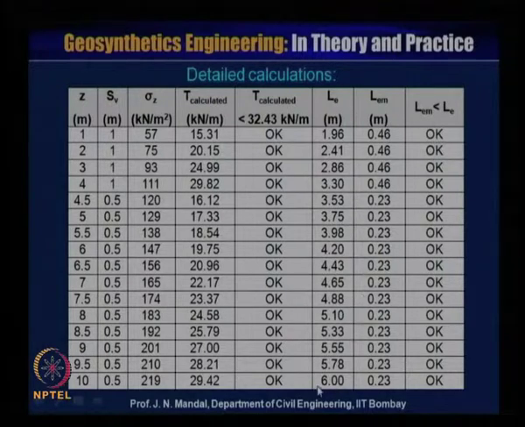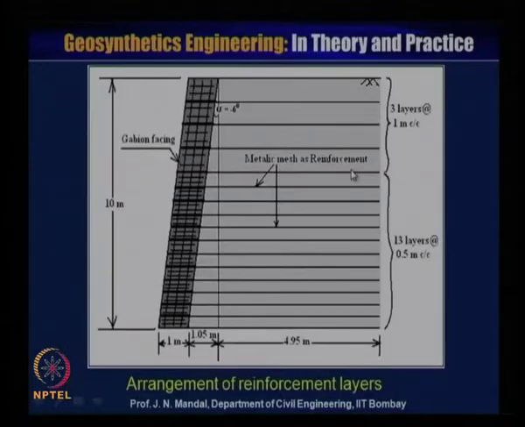And if we calculate LEM, the minimum embedment length, it is 0.462 going down to 0.23. So you can see this LEM value is always less than the LE, that means it is okay. So like that you can make the design.